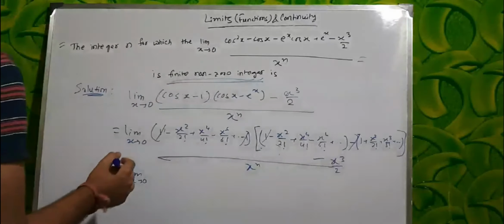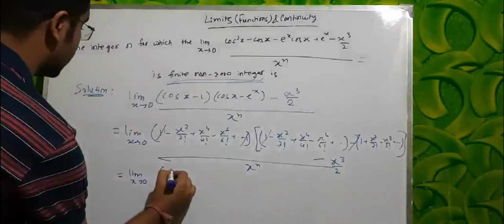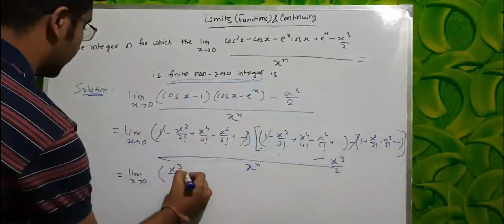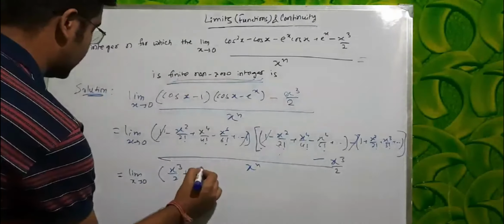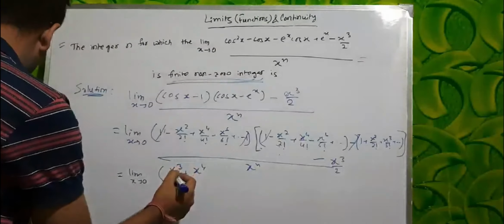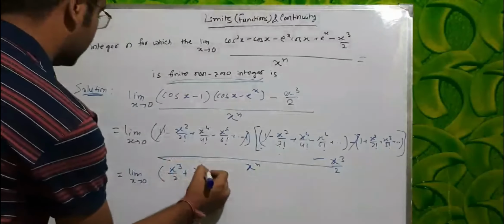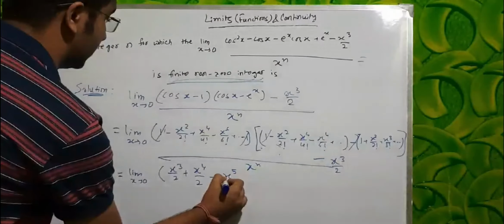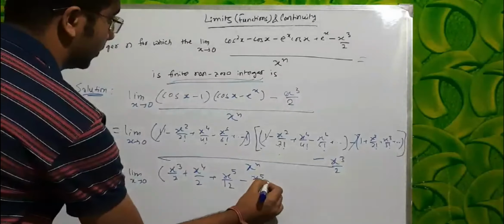I'm writing the final result, do it by yourself, and then x power 5 by 12 and x power 5 by 24, and so on.